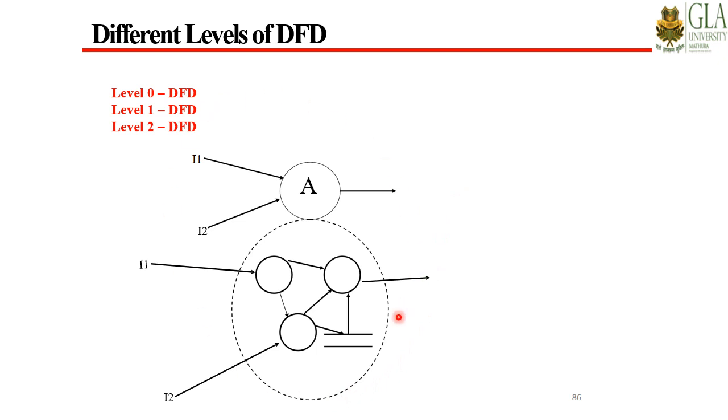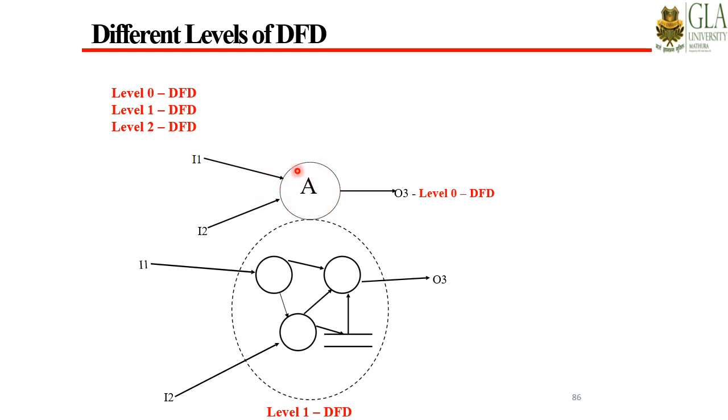So here you can see two sample DFDs. One is the level 0 DFD and the other one is the level 1 DFD. From this sample you can see the level 0 DFD.